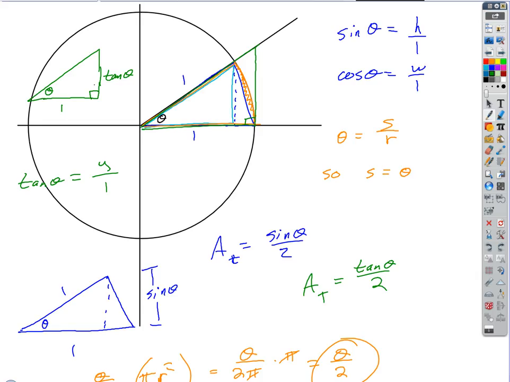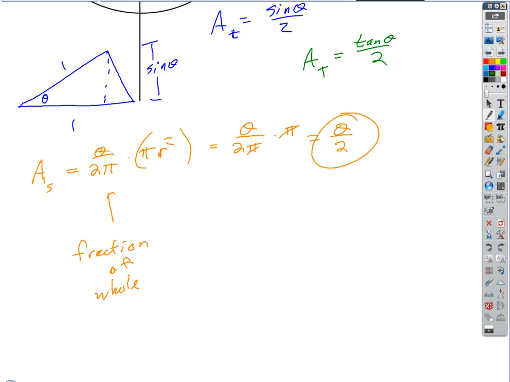So then we should be able to set up an inequality here, right? I'm gonna do it backwards for a second. Yeah, this will work better. So A sub capital T is always gonna be greater than A sub S.